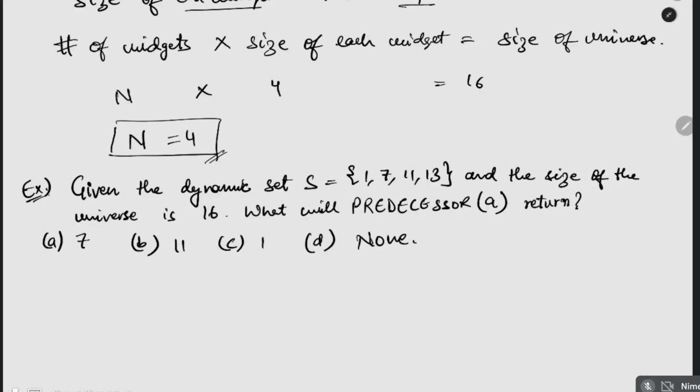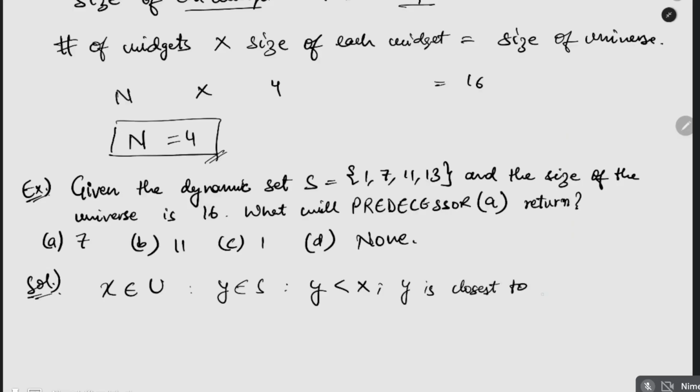So again, by the definition of the predecessor, for x in U, we want y in S such that y is less than x, and y is closest to x for all, let's say, yi in S. So we want the closest value to x in S that is less than x.